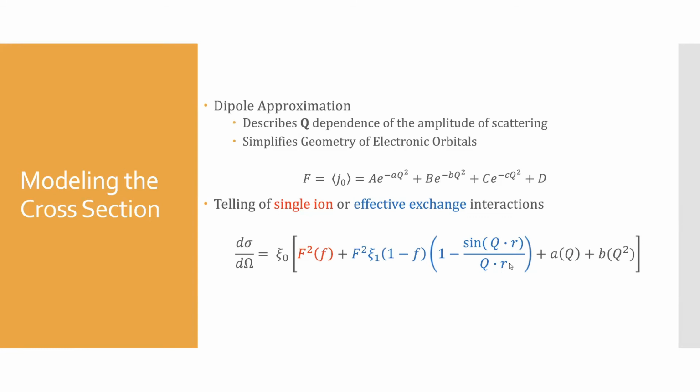This R parameter here is telling of distance between magnetic centers. And this C sub 1 is the dimer matrix element multiplied by some percentage. These two A and B terms just account for any background noise within the experiment. And this C sub 0 will just scale our model to fit the data.